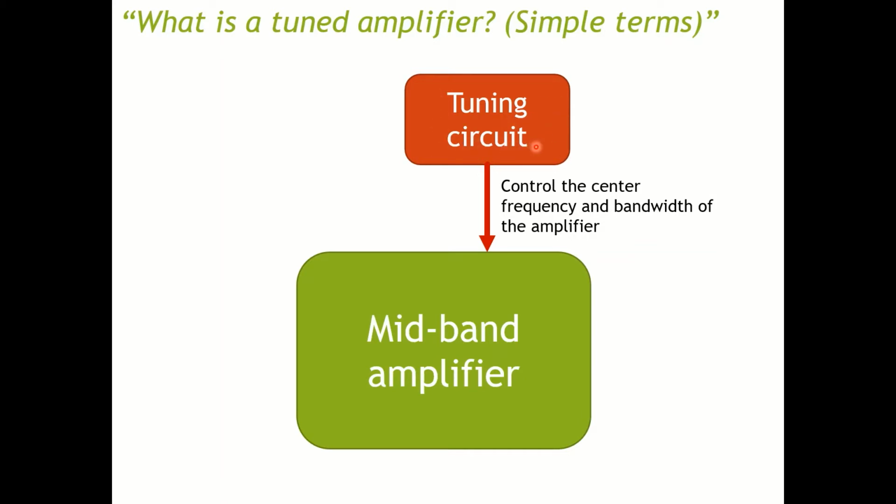Usually in a mid-band amplifier, the central resonant frequency and corner frequencies are pretty much fixed. But if you add in a tuning circuit, you can actually change some of the components. So you can maybe vary the capacitance or vary the inductance of some component inside this tuning circuit to control the resonant frequency or the bandwidth of the amplifier.